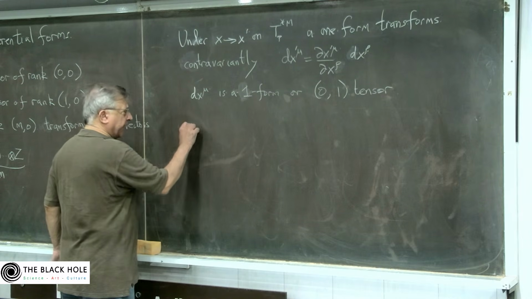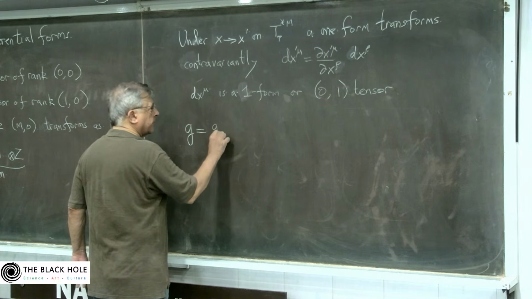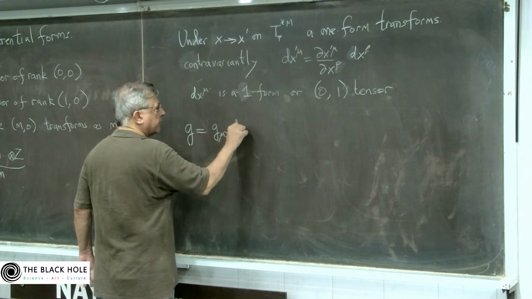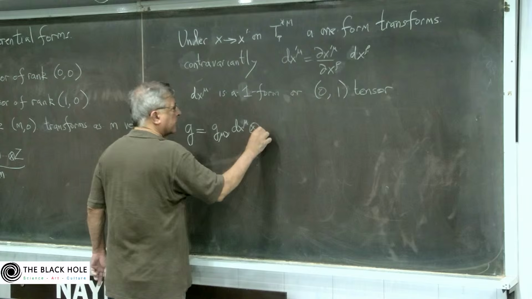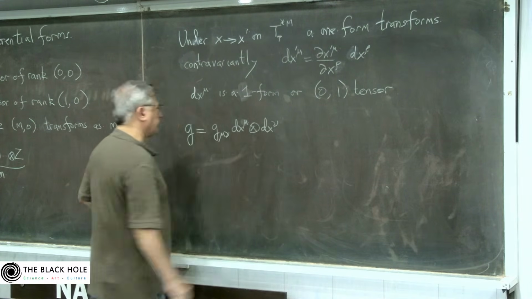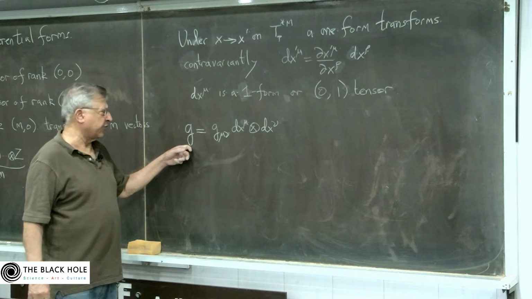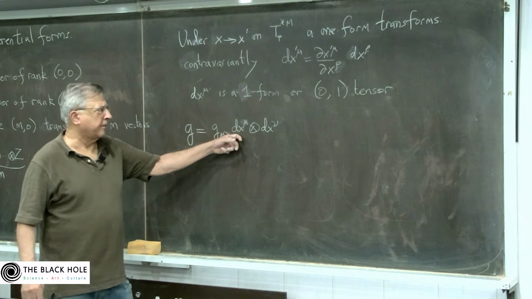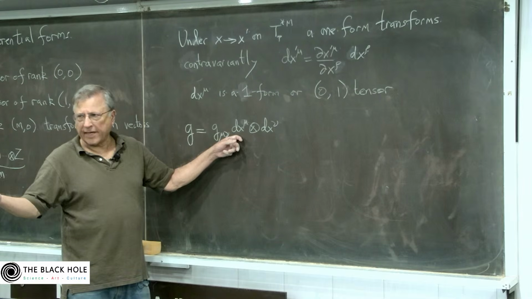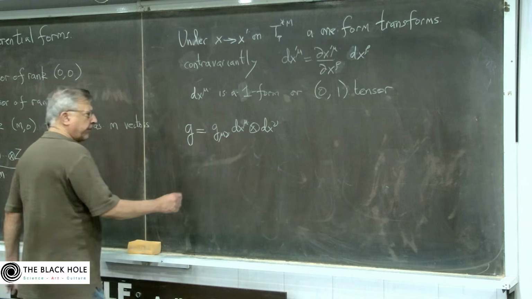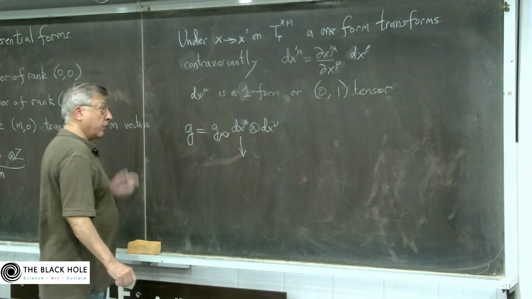Let's look at, for example, a tensor G. Okay, now you see this doesn't have any indices over here, but when I make a transformation, what will happen to this?